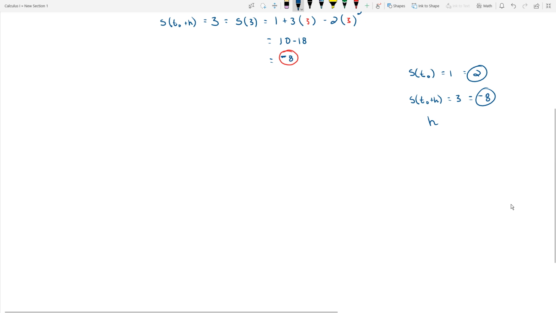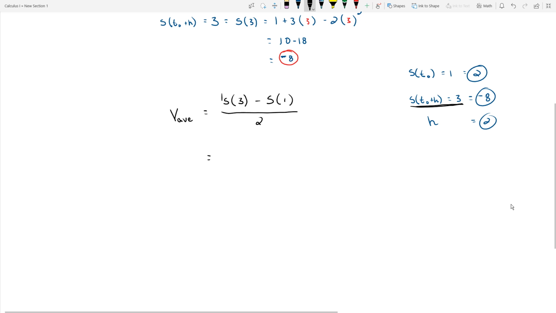We said that our h is equal to 2, and when we set up that formula, our average velocity is going to be equal to s of, and we'll take our largest point, t sub 0 plus h, and we plug that in. That's 3. I'm sorry, that is 3 for the function of s at 3 minus s at 1, all over h, and h we said is 2.